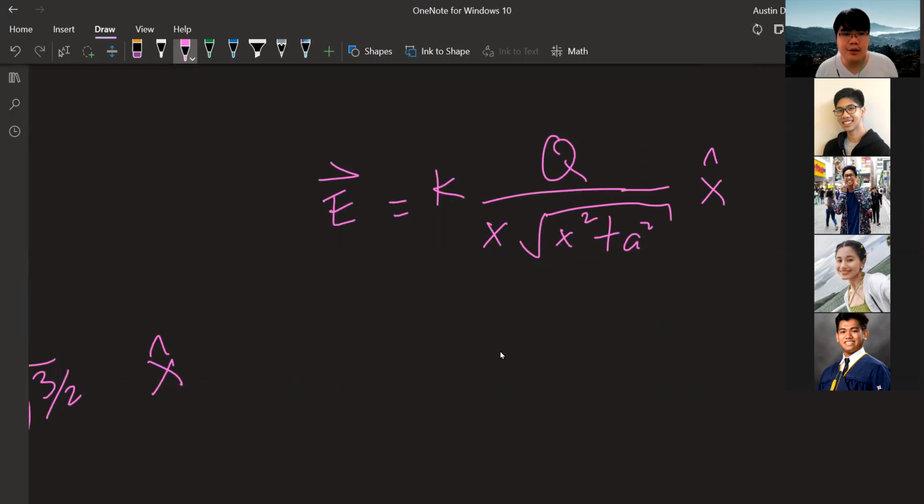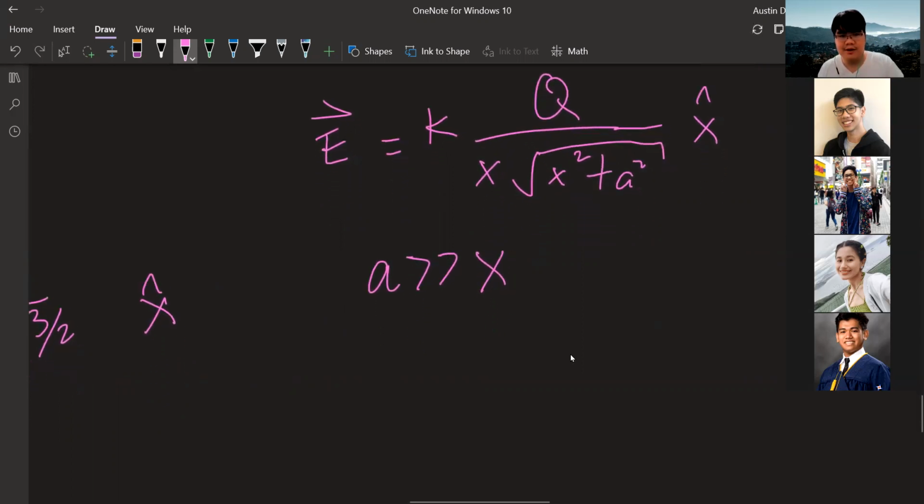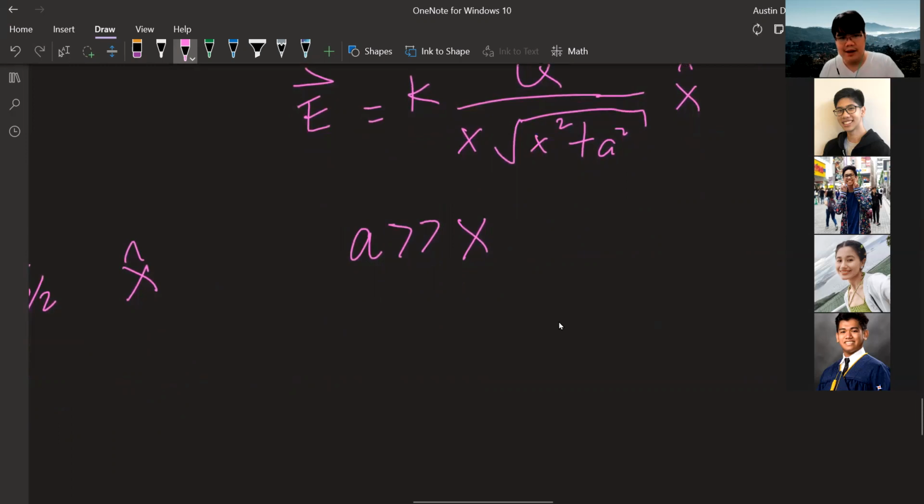Now, if you want an extremely long rod, you have to make a much greater than x. Ang mangyayari is that you factor out a squared from the denominators, from the square root.